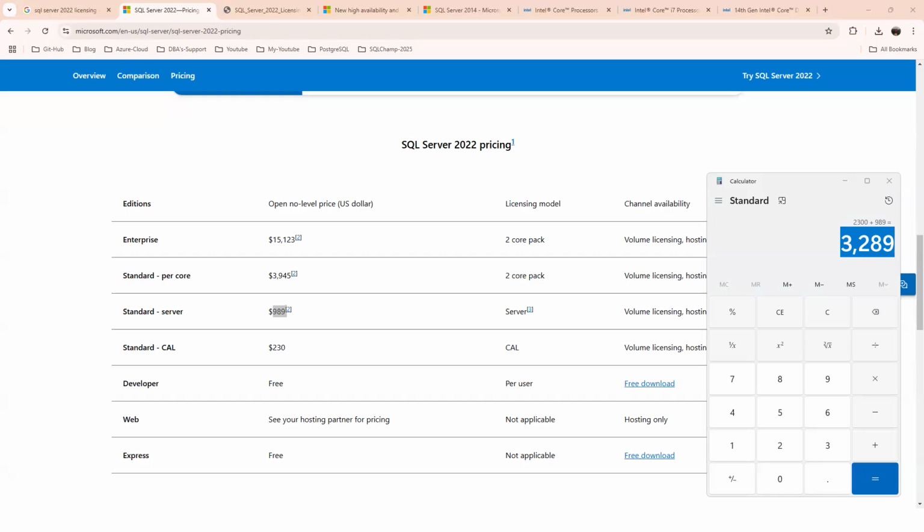When you create a case to Microsoft, please be careful. You need to select the volume licensing team. Microsoft maintains different teams for every product and technology, like a DBA team, analytics team, data engineering team, Azure Databricks team.